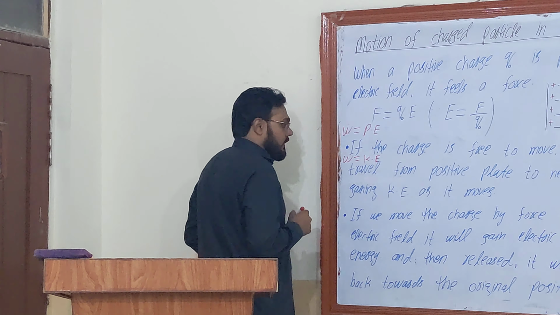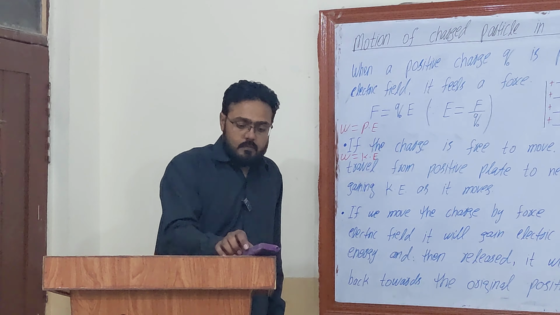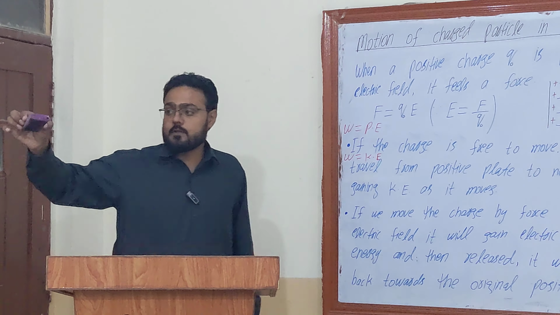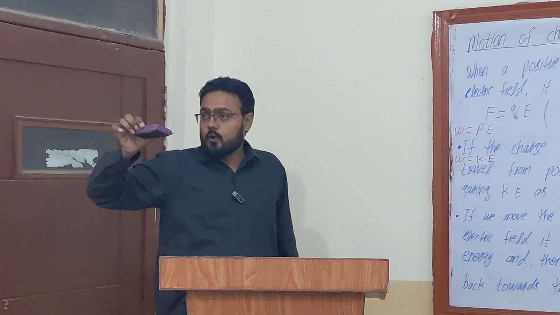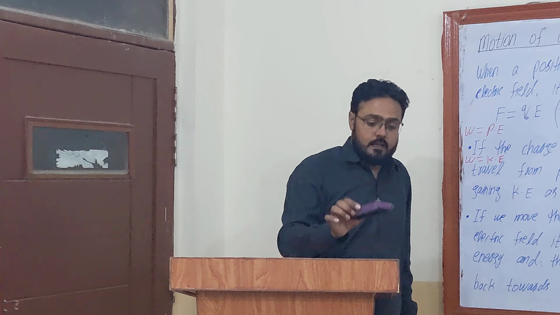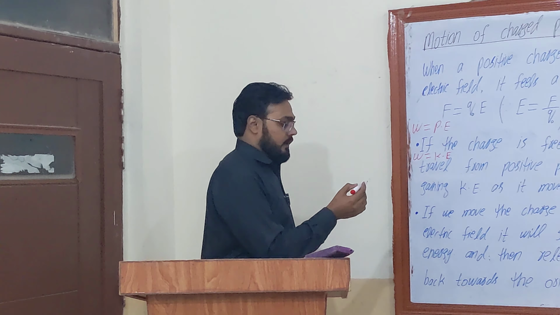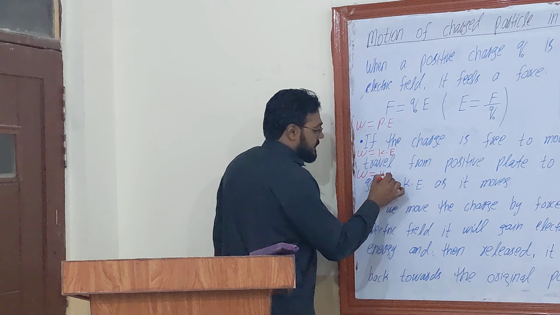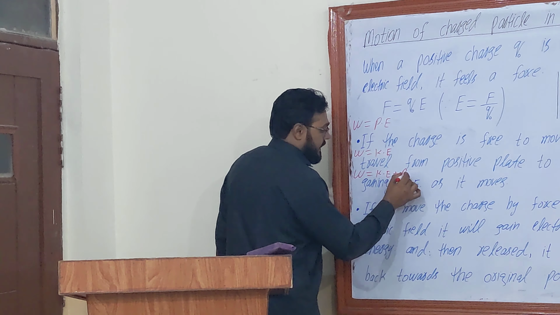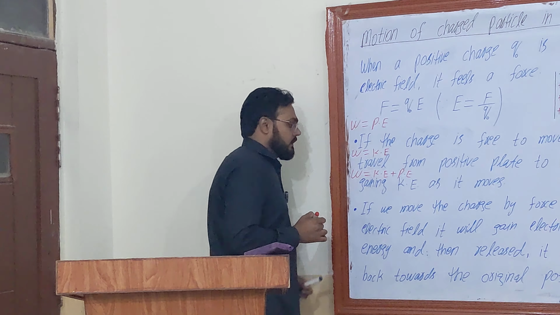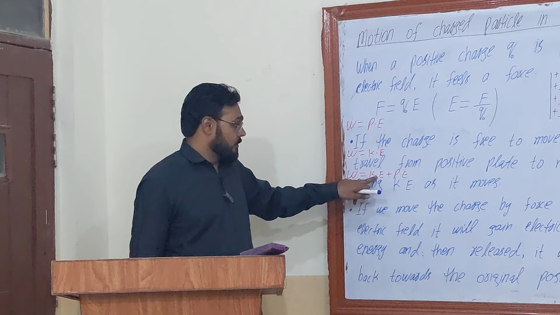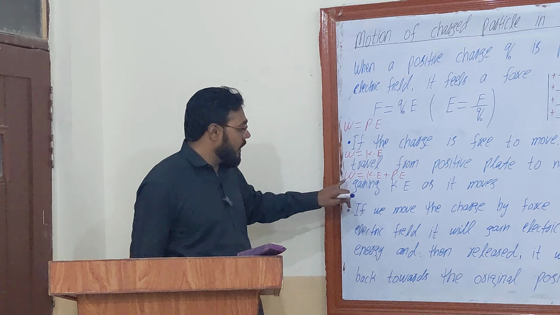If the duster is moving upward as well as forward, both the height and the horizontal distance change. Now here the work is equal to kinetic energy plus potential energy. It's the work energy theorem. Kinetic energy is measured in joule, potential energy is measured in joule, work is measured in joule.